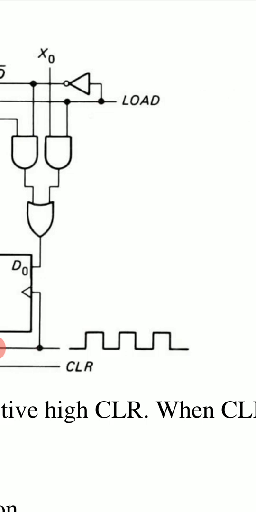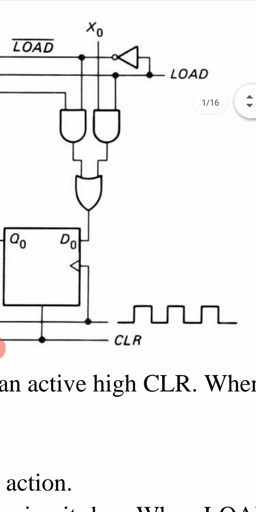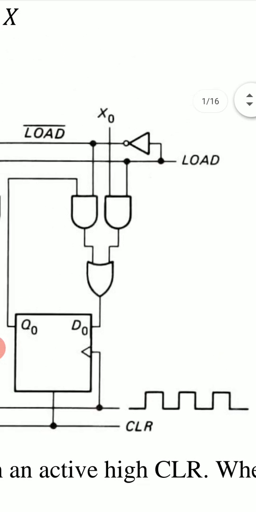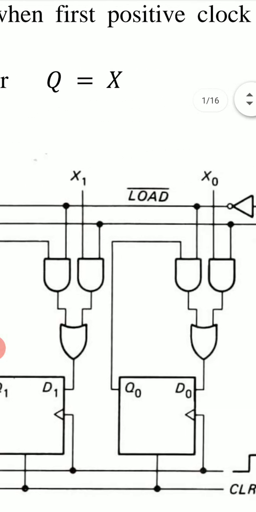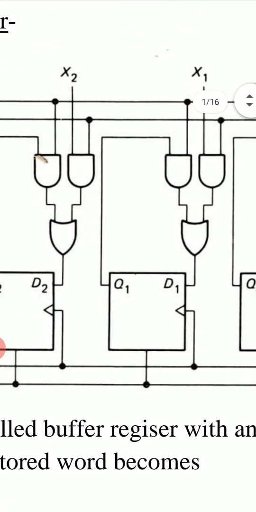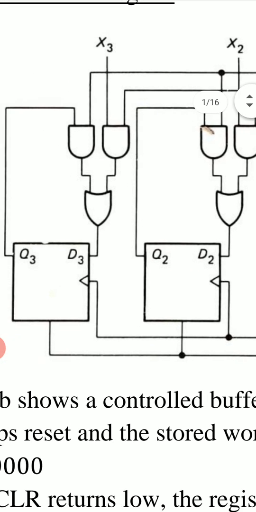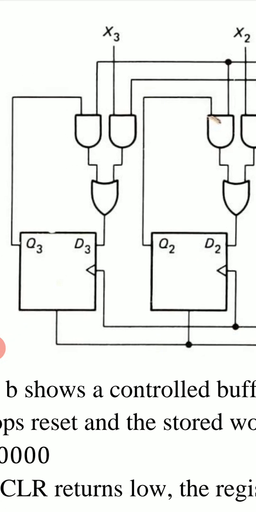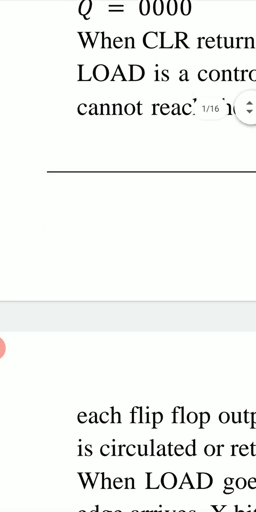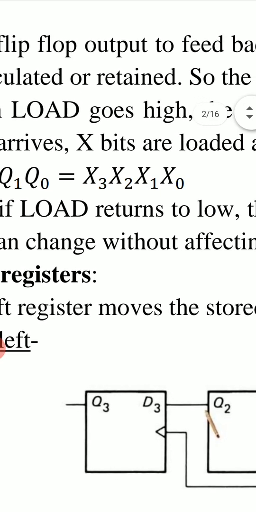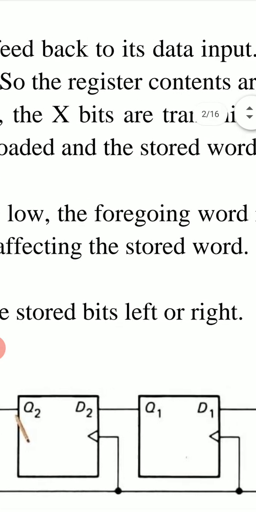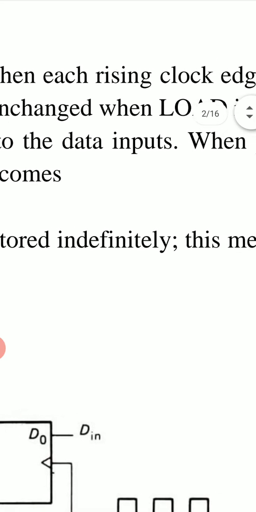So when load is low, the word will not change, and when load becomes high, this input word X3, X2, X1, X0 will be loaded in this register, and the word Q3, Q2, Q1, Q0 becomes X3, X2, X1, X0. Now if load returns to low, the foregoing word is stored indefinitely.